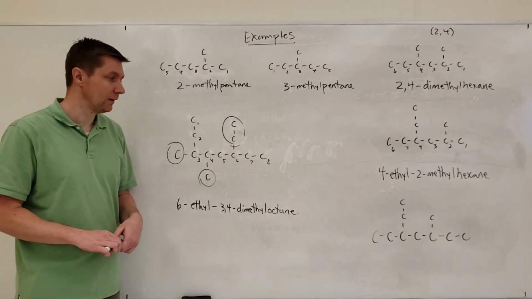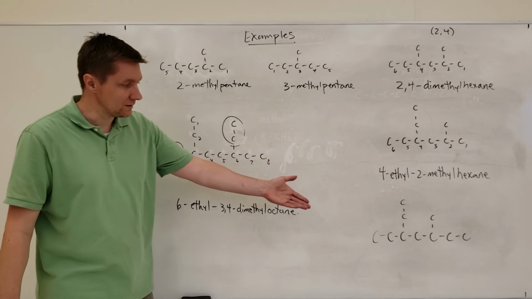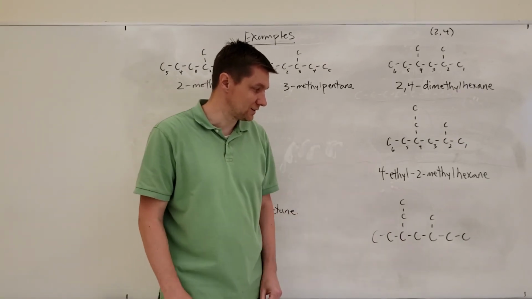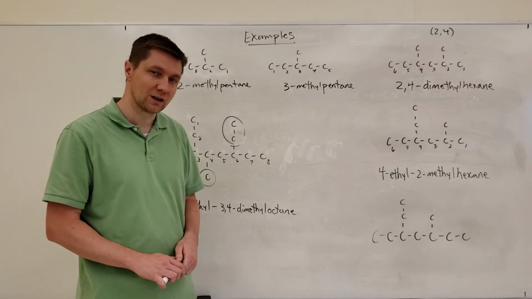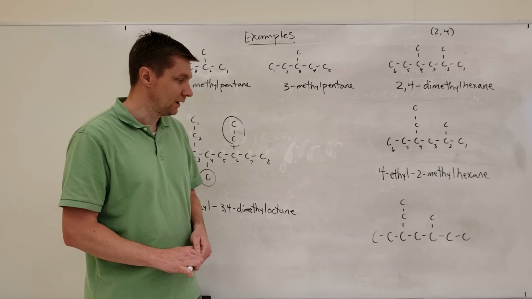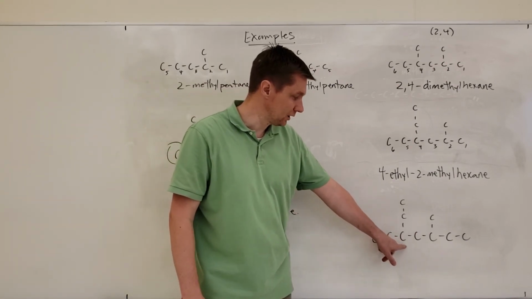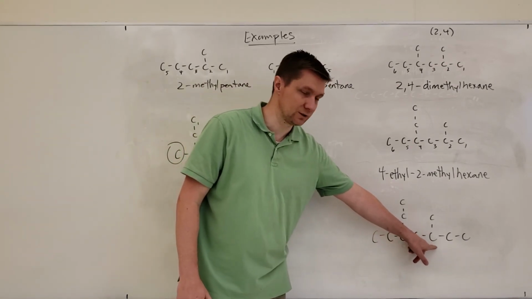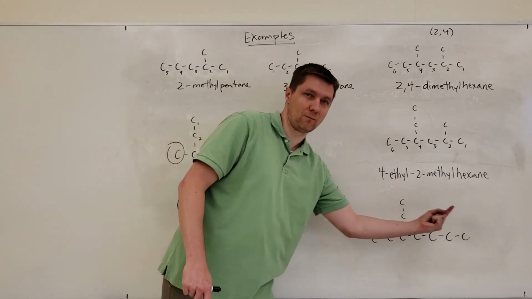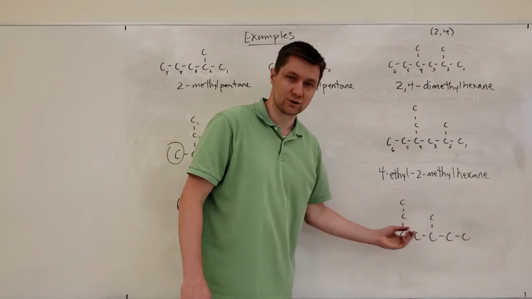And then one last example over here is you can see this one that's got 7 carbons long. This is a 7-carbon chain molecule, parent chain molecule. You can see that this alkyl branch is sitting on carbon 3 and this one is sitting on carbon 5. That's if I were to number it this way. If I were to number it from right to left, they would also have 3 and 5.